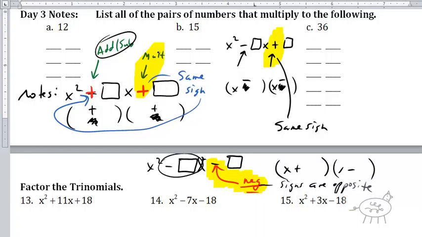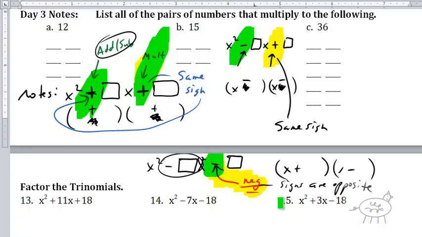If it's a plus sign, so again highlighting this, if this is a plus sign, the last term, then it's the same sign. So you look at then this part right here. So if it's the same sign, it's either both positive or both negative. But if this guy right here is negative, it's automatically signs are opposite. Okay, so keep that in mind.